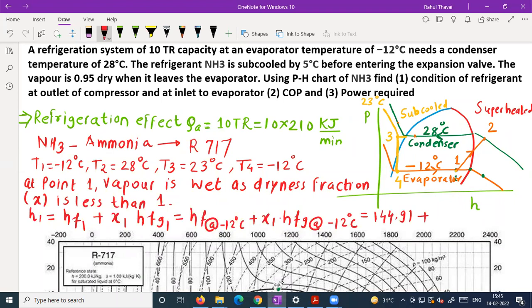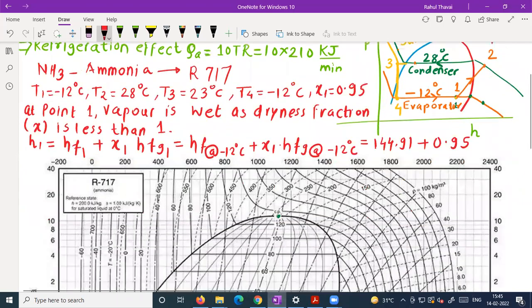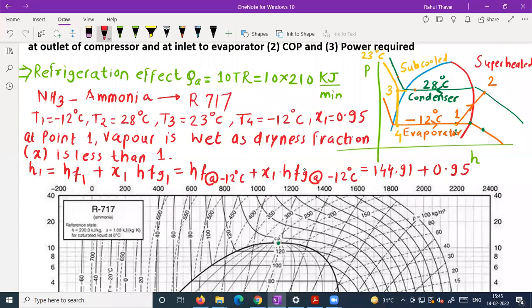Plus x, the dryness fraction, which we know is given at point number 1. What is the value? x1 is given, that is 0.95 dry. So this is 0.95, right? Next it is hfg. I should know that hfg. I have written hf plus dryness fraction into hfg.